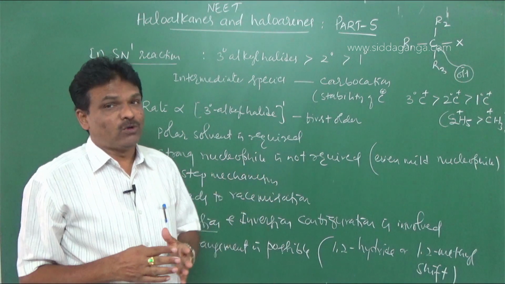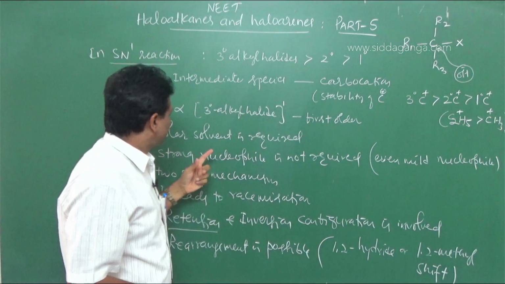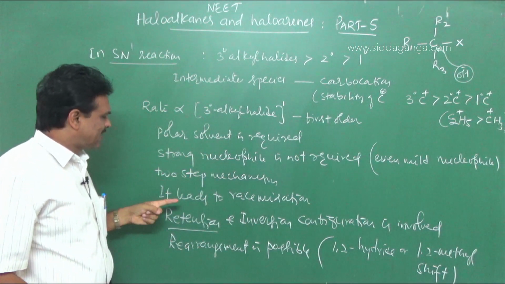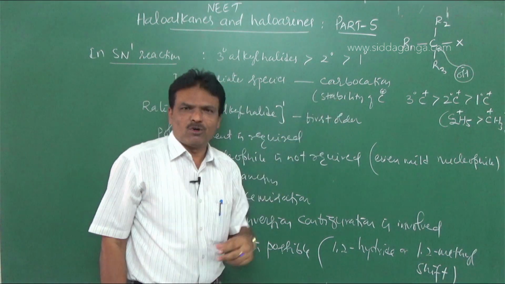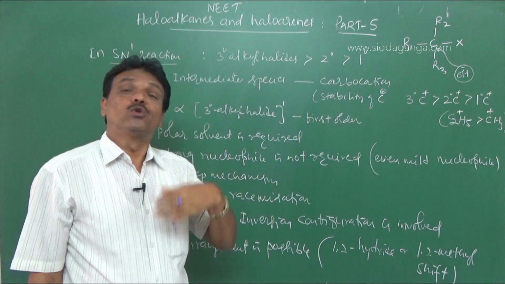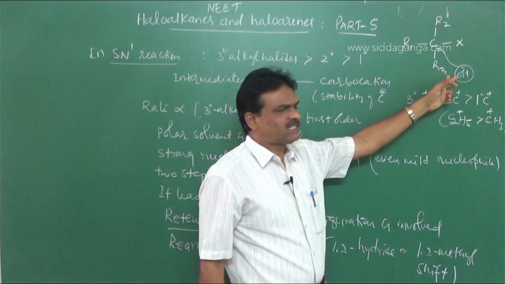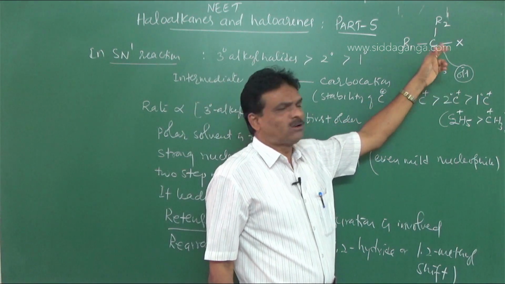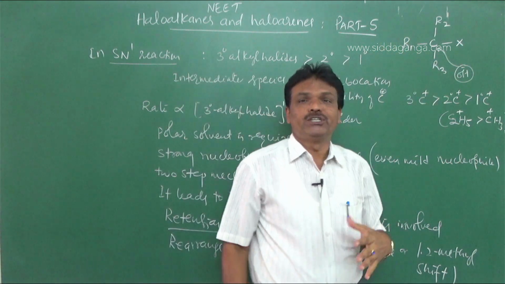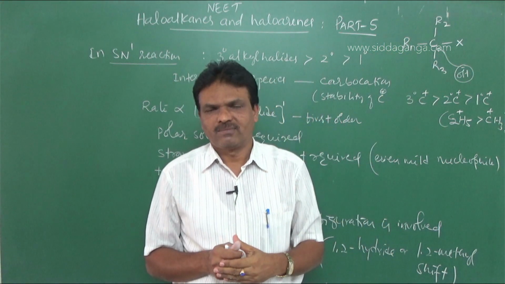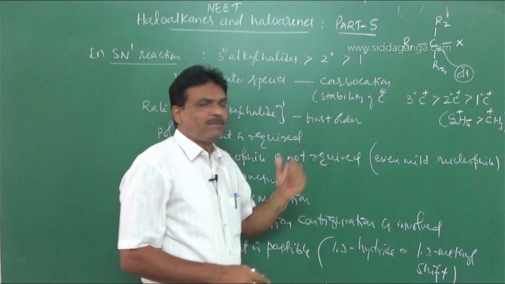That is possible only if the intermediate species is a planar carbocation. To the planar carbocation, nucleophilic attack takes place either on the side of the halogen or on the side opposite to the halogen. So this is after the formation of the intermediate carbocation.